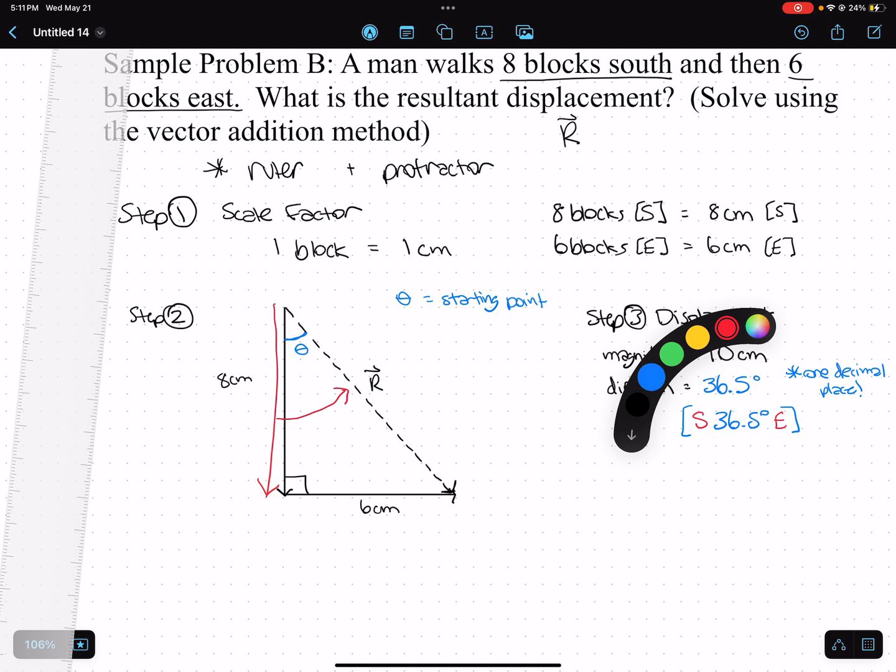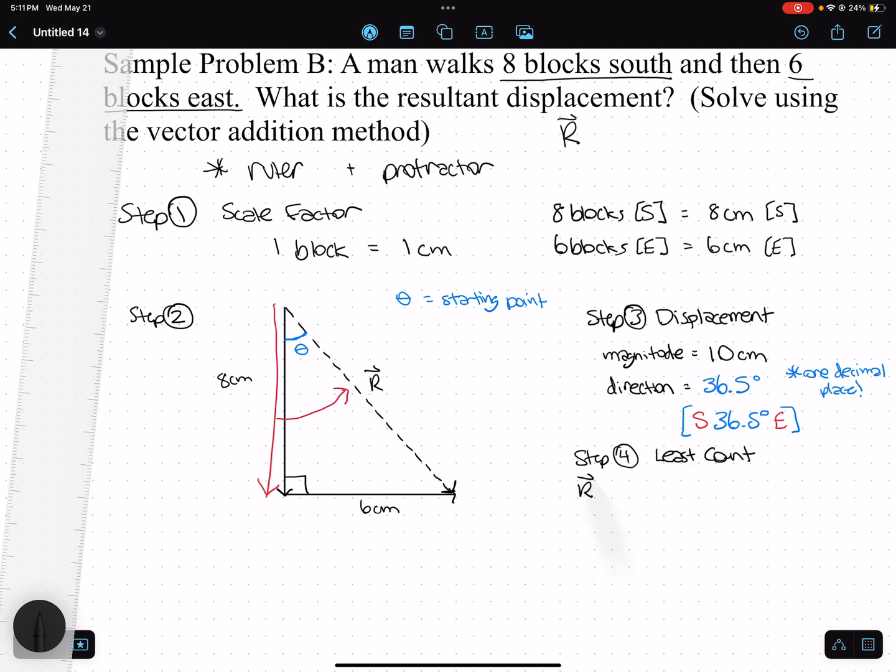So when we combine this together for a final answer, our final displacement, we're going to include our least count. Because in this case, we didn't multiply or divide anything, we kind of just added things together, we're going to use least count here. So our displacement, or our resultant, needs to have a least count in the ones position.